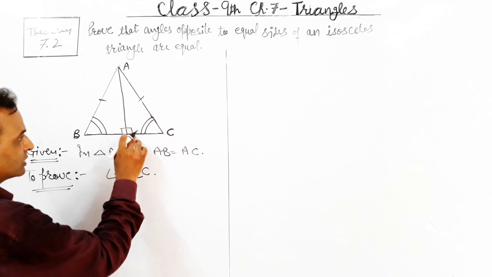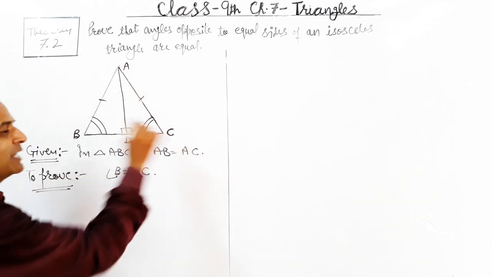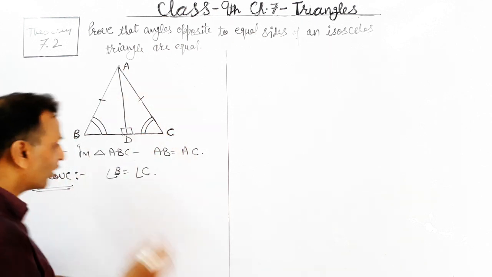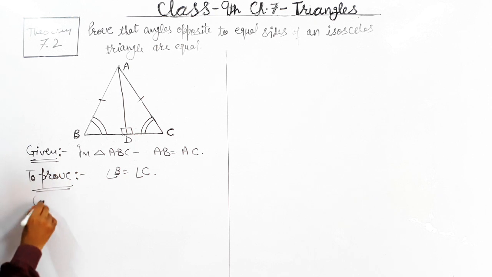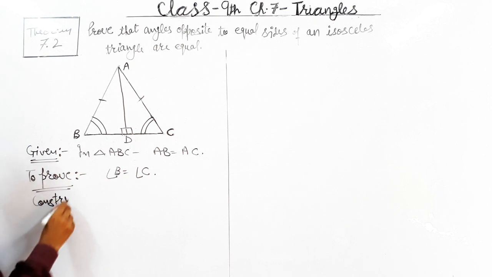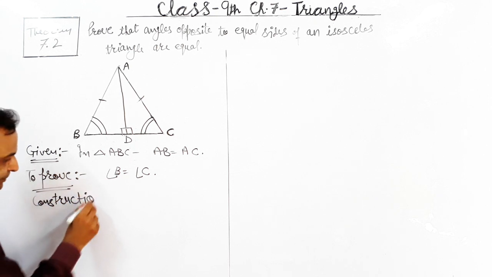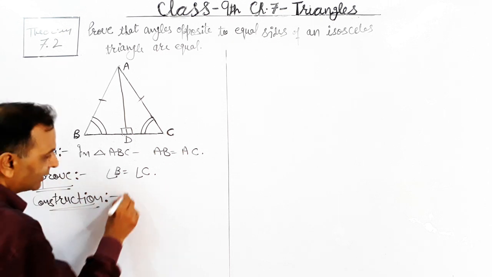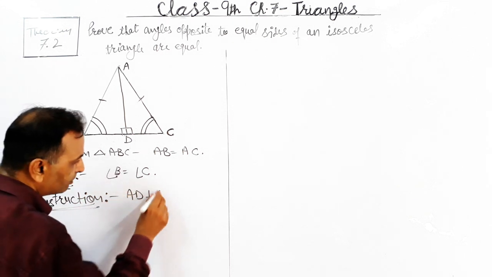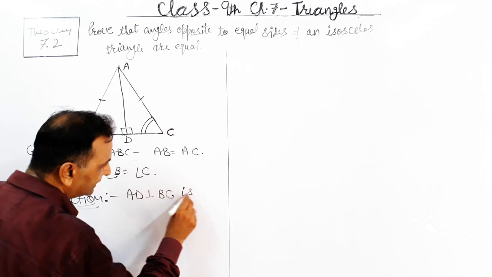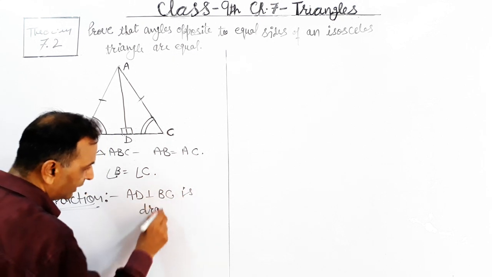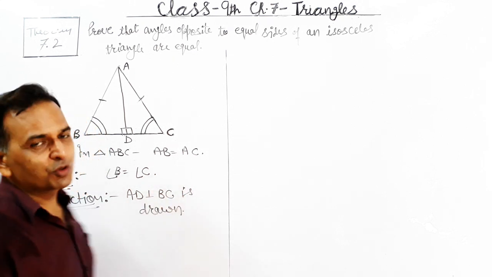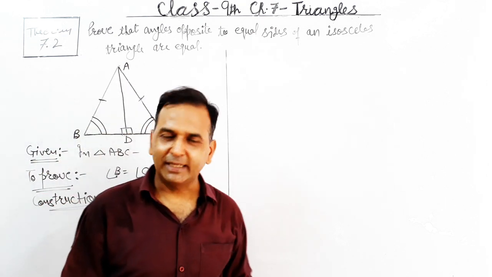So suppose this AD perpendicular on BC is drawn. It will be written in the Construction. So write down the heading Construction, and then the work which we have done, that is, AD perpendicular on BC is drawn. This is the construction work which we have done in this theorem.